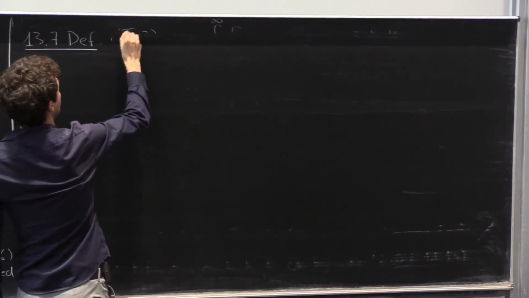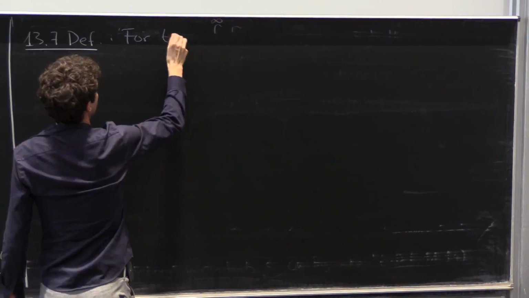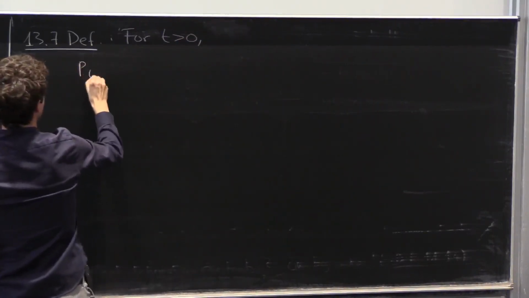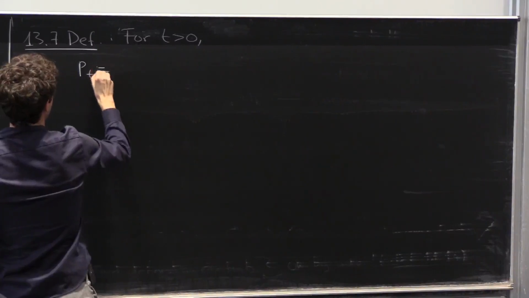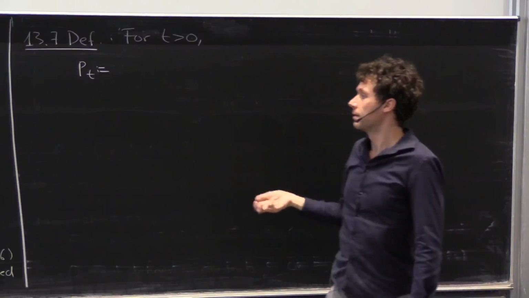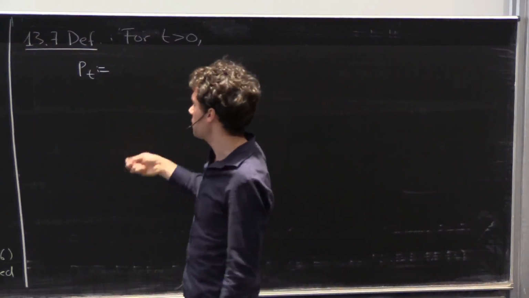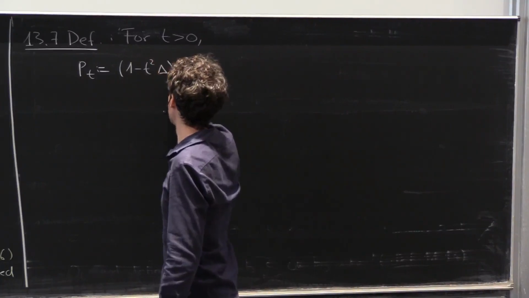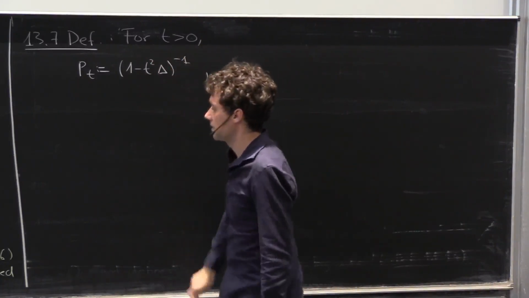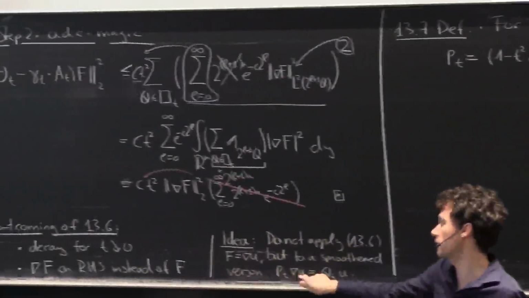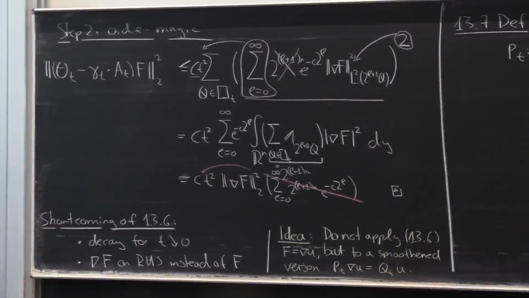I'm going to introduce to you the smoothing operators. So for t positive, I'm going to define two operators, Pt. The smoothing operator is, I could pick hardly anything, mostly anything that does the job for smoothing, but I want to do it with the resolvent of the Laplacian. And then I want to be able to say something like smoothed version of the gradient is something like applying an operator directly to u.